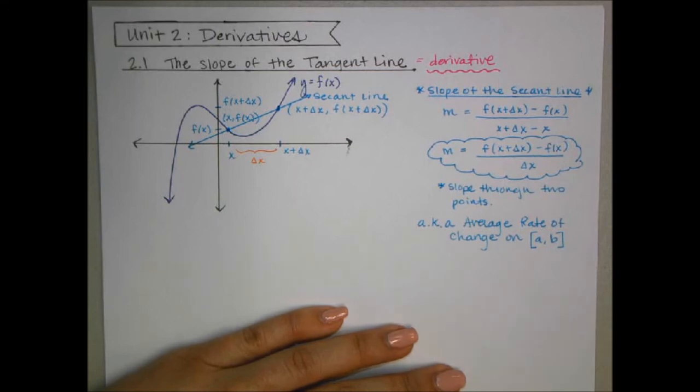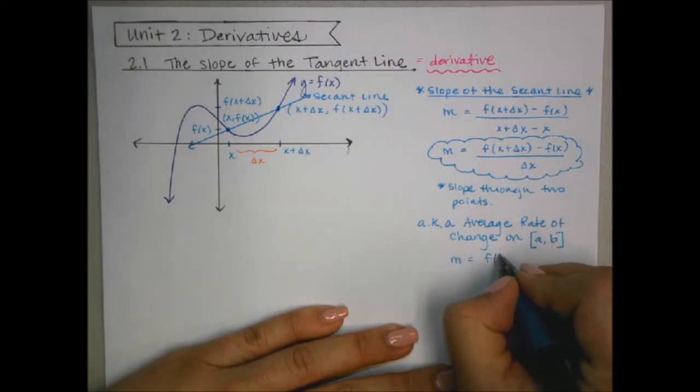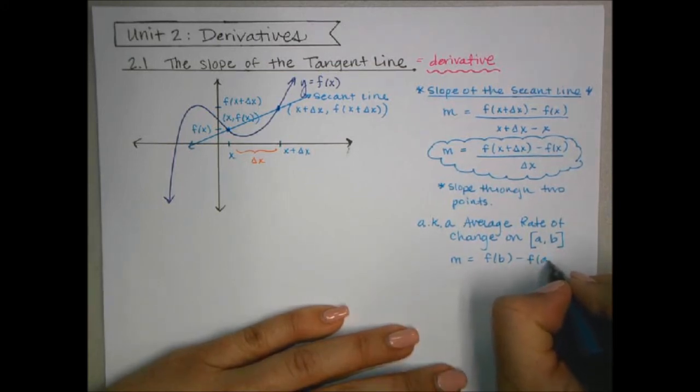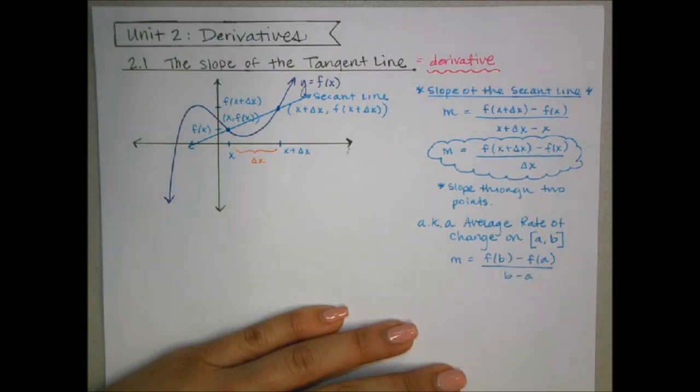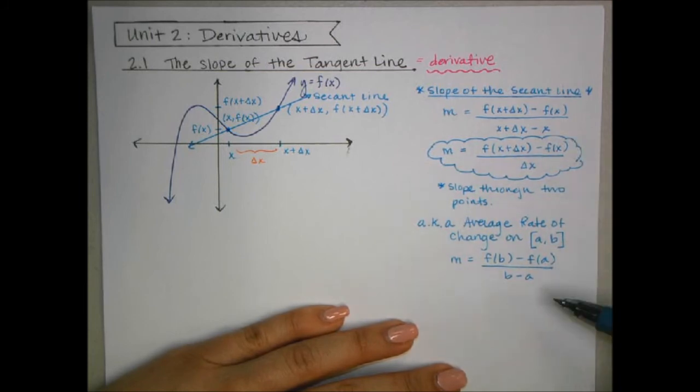And so our slope here would just be the difference of our y values, f of b minus f of a, over b minus a. So kind of a lot of stuff here. The slope of a secant line is the slope through 2 points. It's our average rate of change on an interval. And this is what we end up with here.